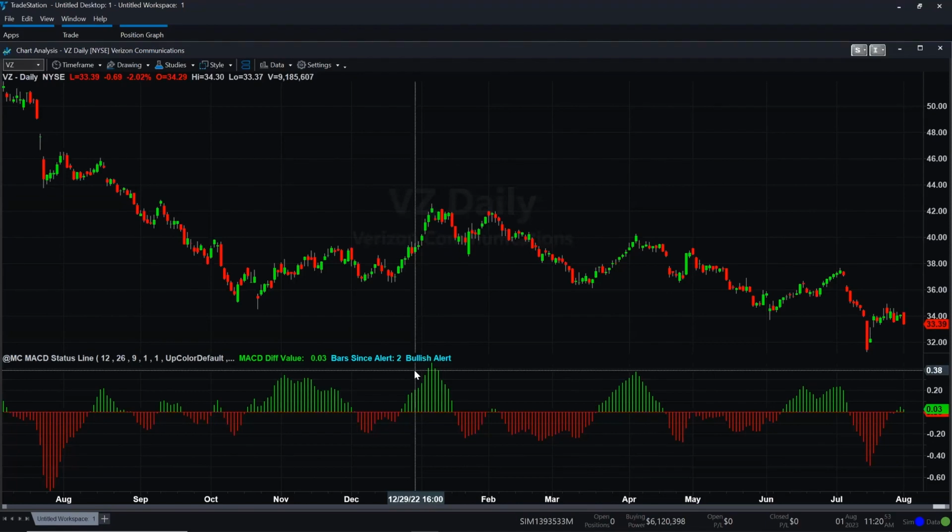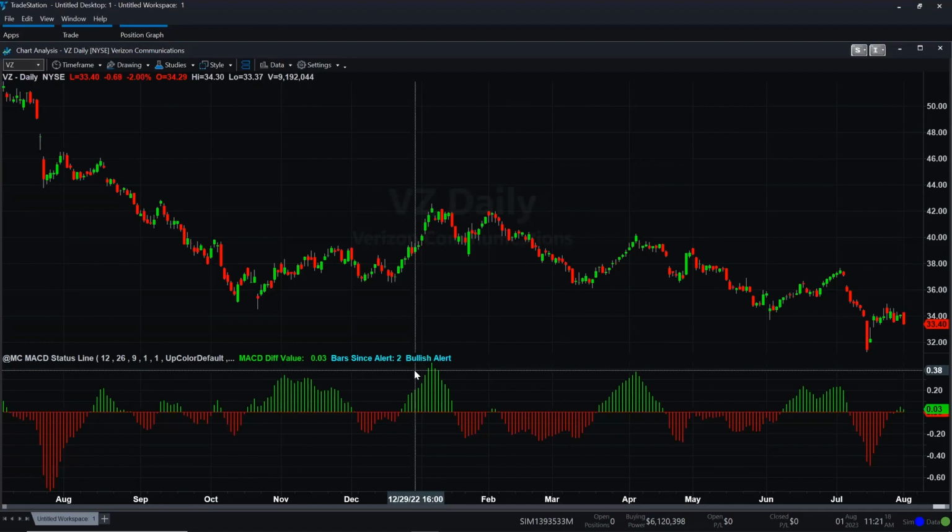For these 2 indicators to generate an alert on exactly the same bar would be very rare.